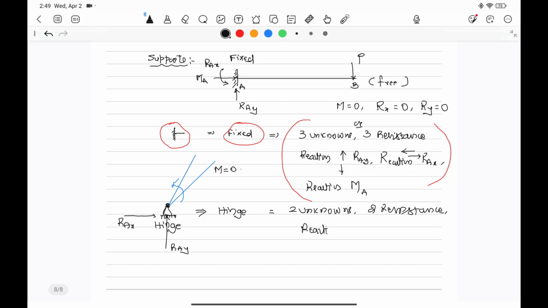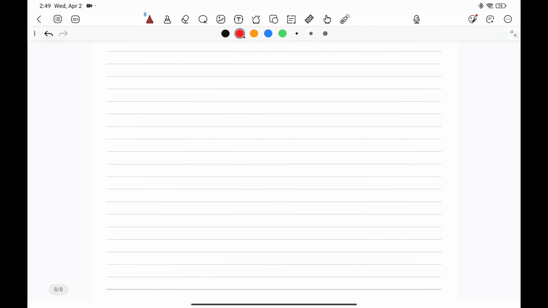Reaction in vertical direction, RAY, reaction in horizontal direction, RAX, are required. And movement, reaction is not there, hence movement is 0. Now let's discuss another, because these are all required for better understanding.